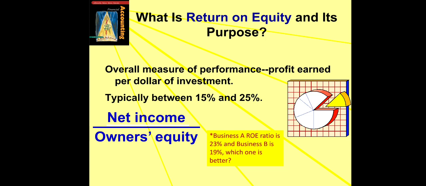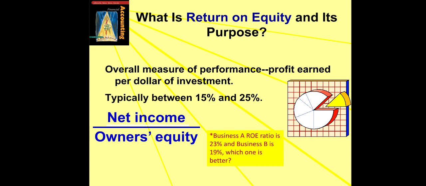So let's say there is a question something like this. Business X return on equity is 22%. Business Y return on equity is 28%.